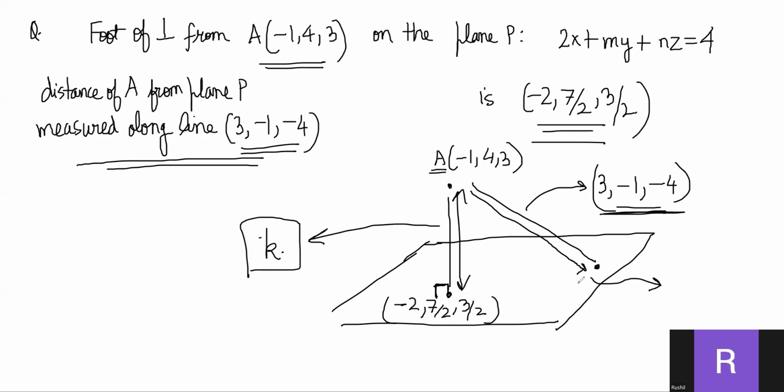If we have to find it, it is going to take more time. Can you find this distance? You cannot find the length along this line without knowing this point.